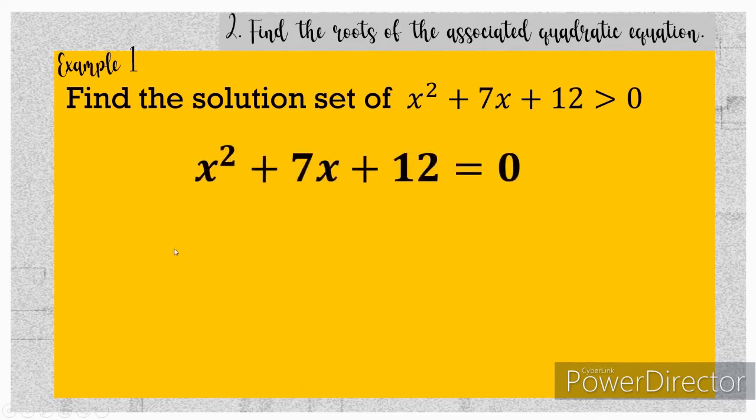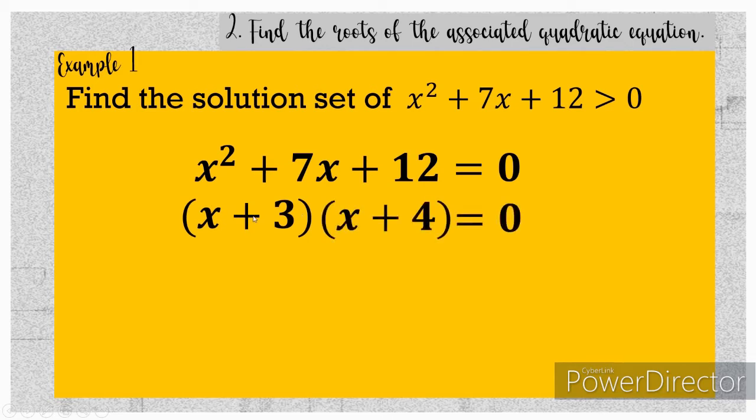So we have x squared plus 7x plus 12 equals 0. Then, find the roots of this equation. This equation can also be written in factored form as quantity x plus 3 times quantity x plus 4 equals 0. Since we have two factors of this quadratic equation, we can easily find the roots using the zero factor theorem.